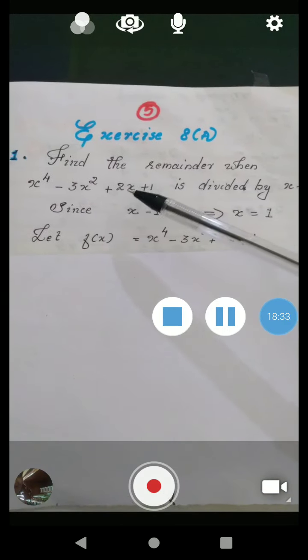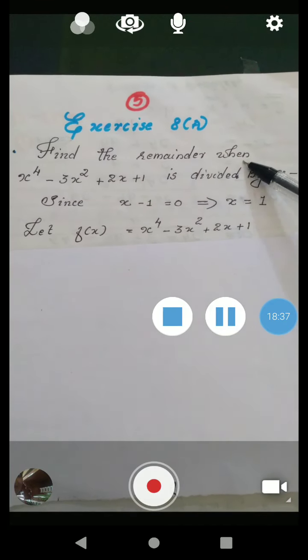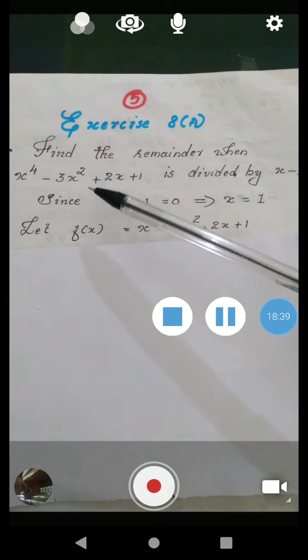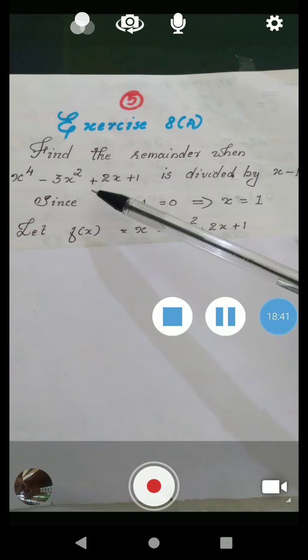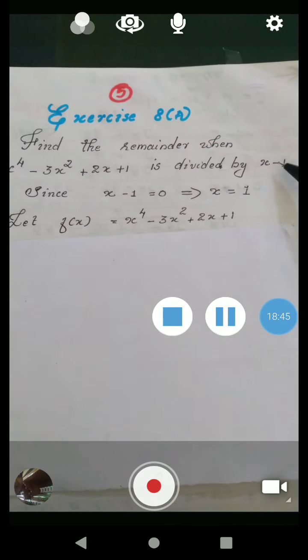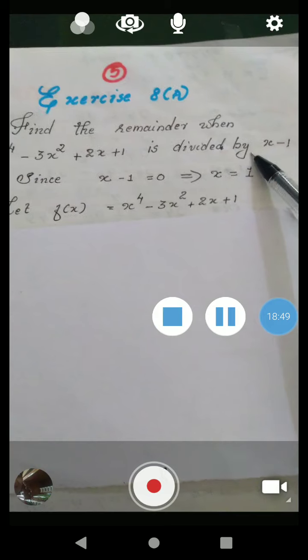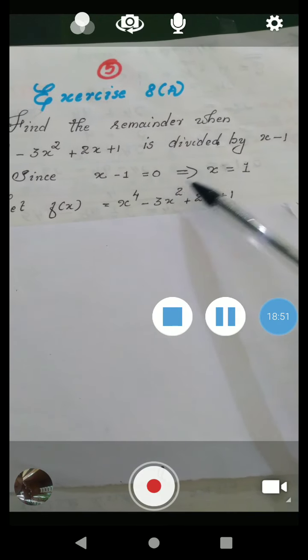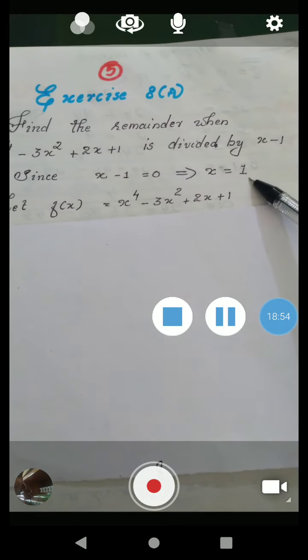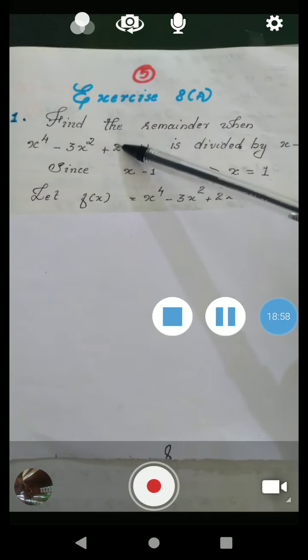See, first question, exercise 8a, first question. Find the remainder when x raised to 4 minus 3x squared plus 2x plus 1 is divided by x minus 1. First we can write, since x minus 1 is equal to 0, x is equal to 1. By remainder theorem, consider this the given expression.